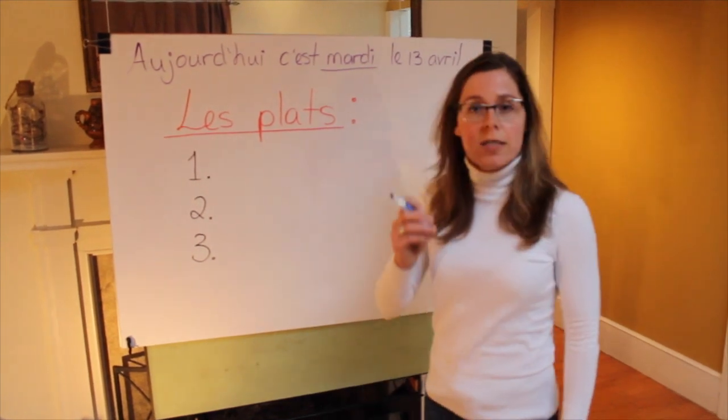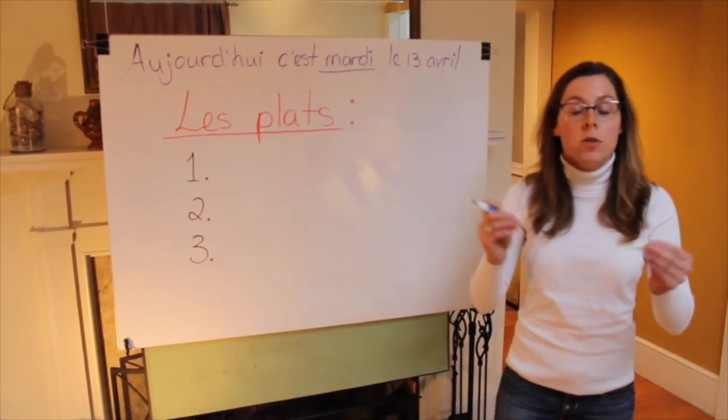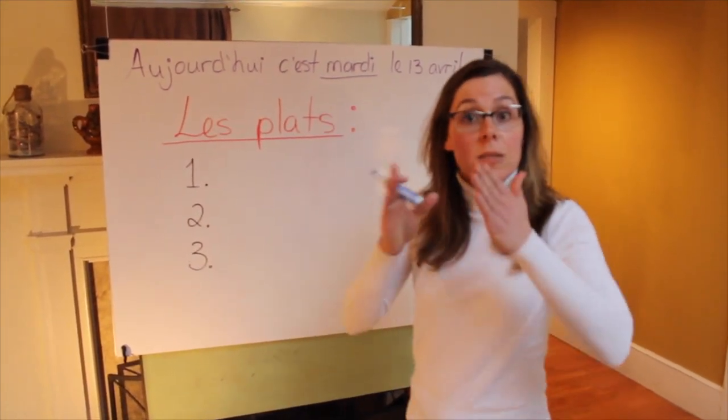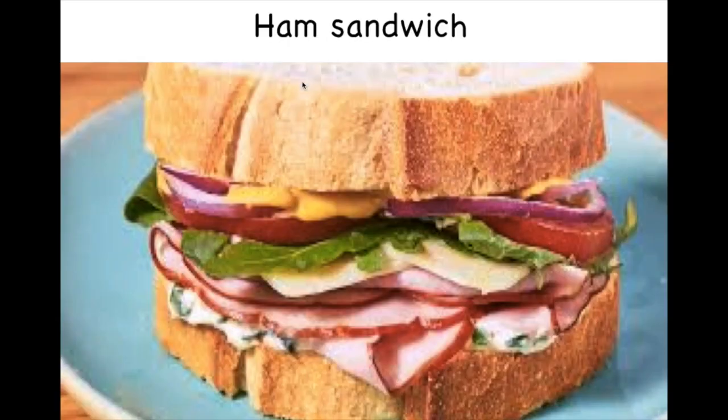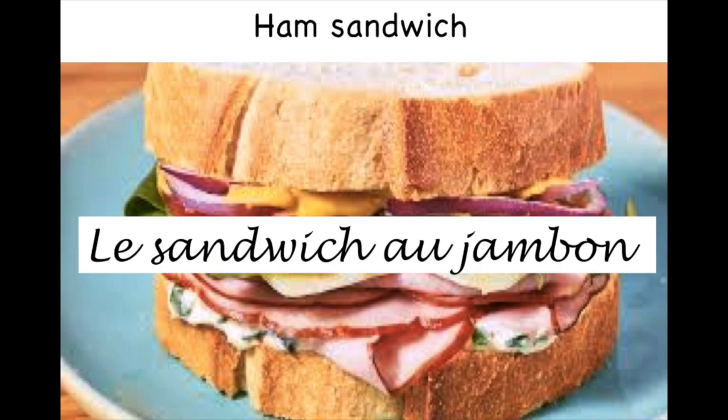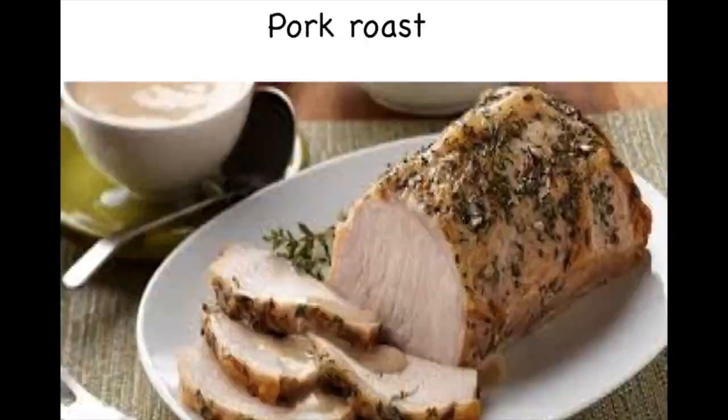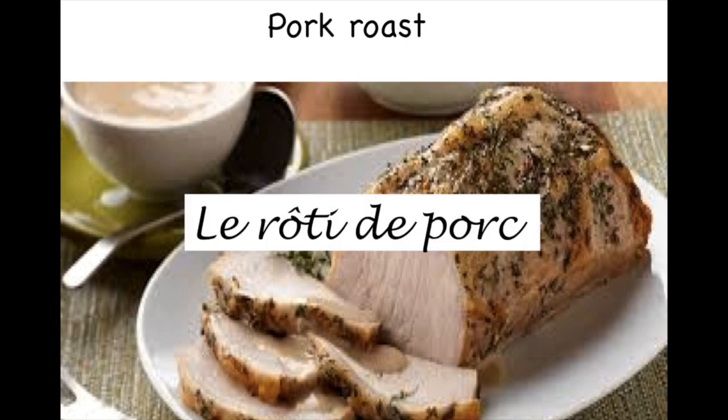But the dishes more in the sense of all the different words that you put together to talk about specific food. Okay? So as in, the ham sandwich becomes le sandwich au jambon. The pork roast becomes le rôti de porc.